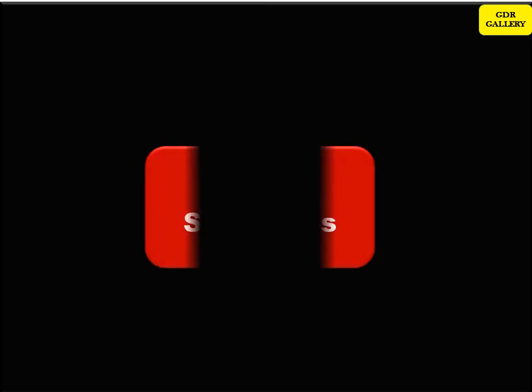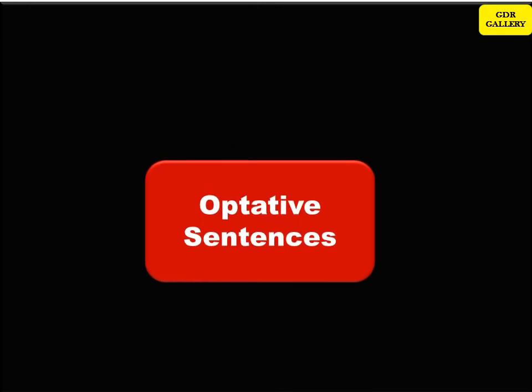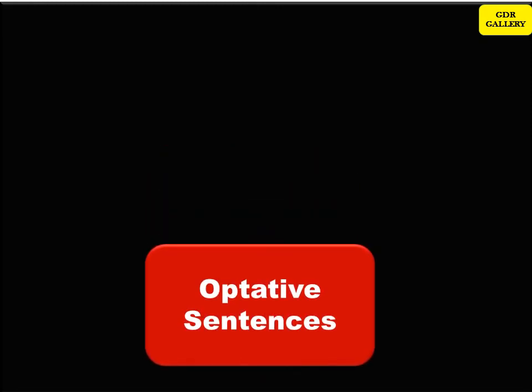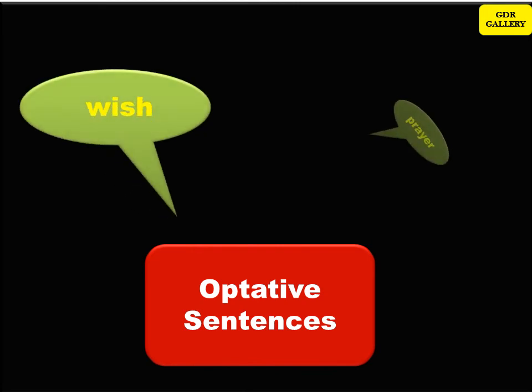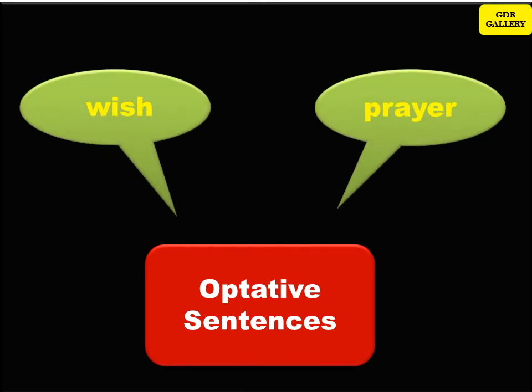Now let's learn about the optative sentences. A sentence expressing wish or prayer is called an optative sentence. An optative sentence is also followed by an exclamatory mark. Now, let's look at some examples of optative sentences.